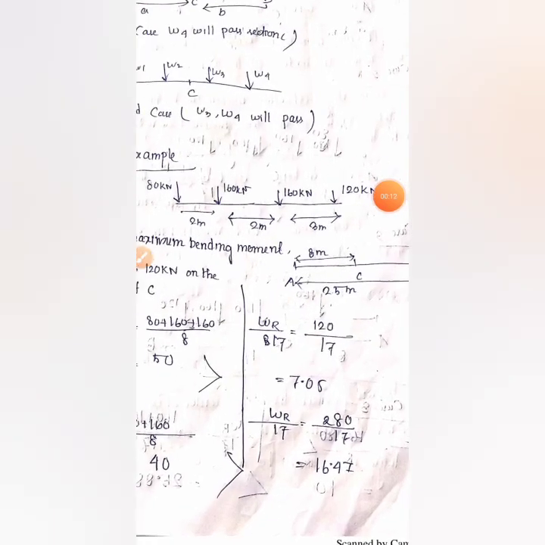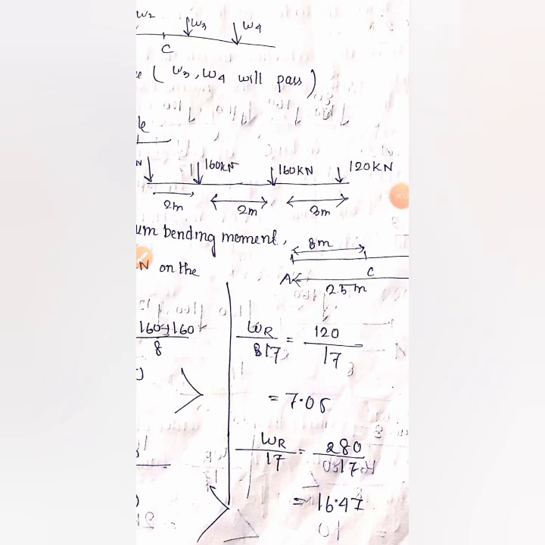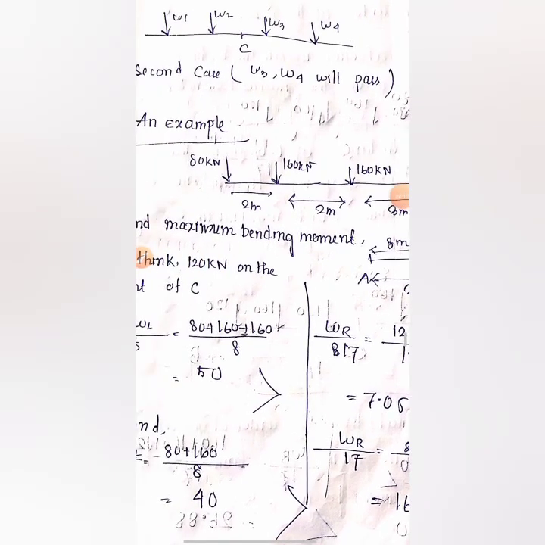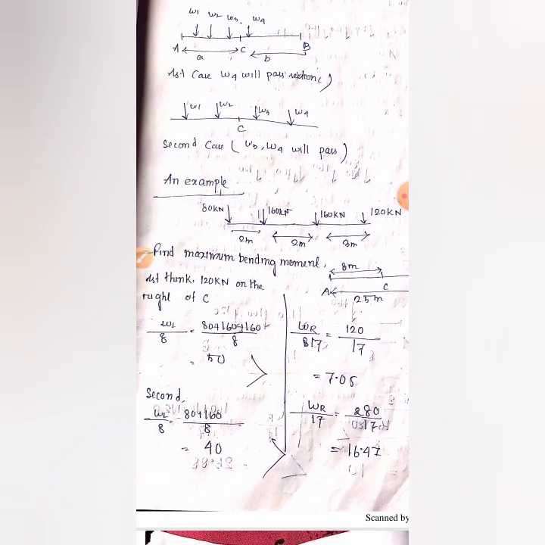The section C is 8 meter distance from the left support A. In the first case we have to pass the first load, the load which is leading the train, that means 120 kilonewton, over the section C. That means at the left there will be 80 kilonewton, 160 and 160, and at the right of section C there will be only 120 kilonewton.